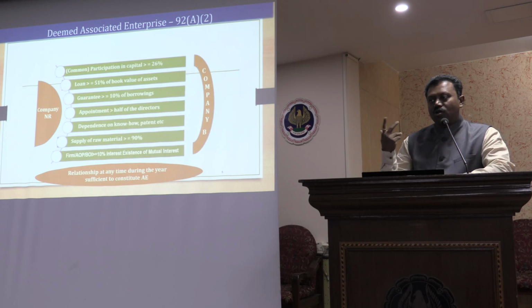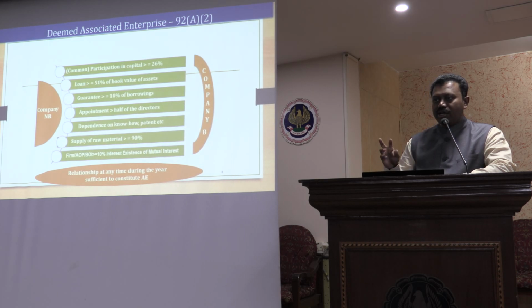So they are saying, when is that? There is a common participation in capital greater than or equal to 26%, loan contribution greater than or equal to 51% of book value of assets, guarantee given greater than or equal to 10% of borrowings, appointment of more than half of the directors, say a person has that power, dependence on know-how, patent, etc., supply of raw material greater than or equal to 90%, firm, AOP or BOI having greater than or equal to 10%, existence of mutual interest in the entities.